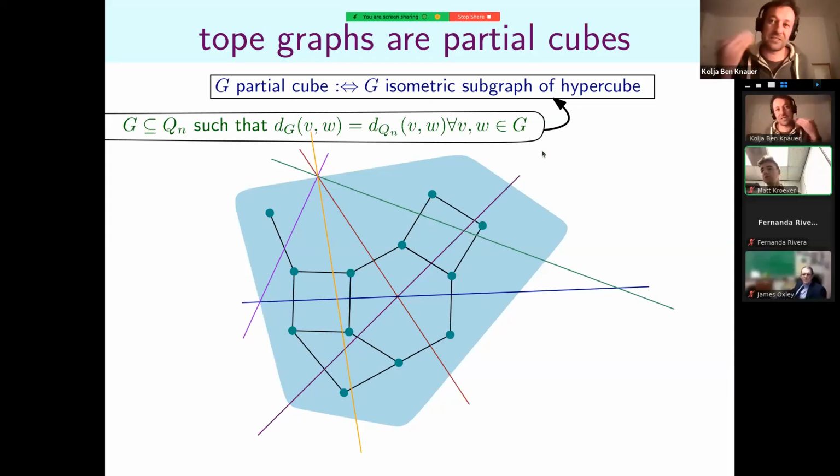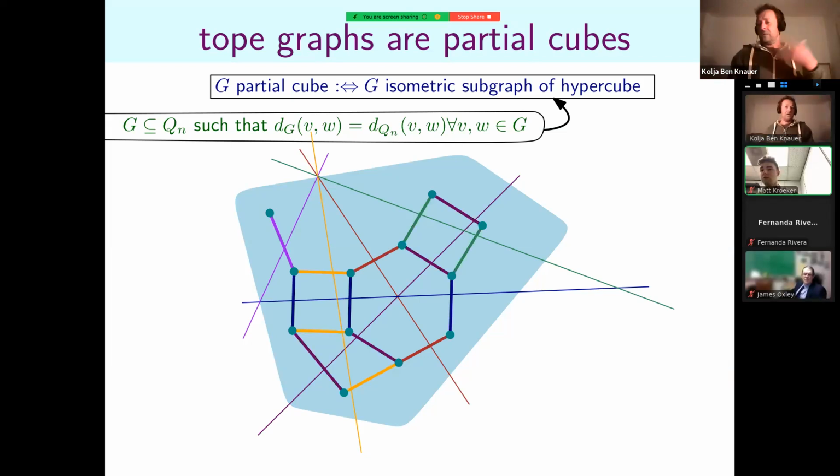This means it has the same metric as the hypercube in a certain sense, which is a very nice metric, because on a hypercube, if you have two vertices that differ in some entries, then the distance is exactly the number of differences they have as vectors, as 0,1 vectors or plus-minus vectors. And you have a similar thing here.